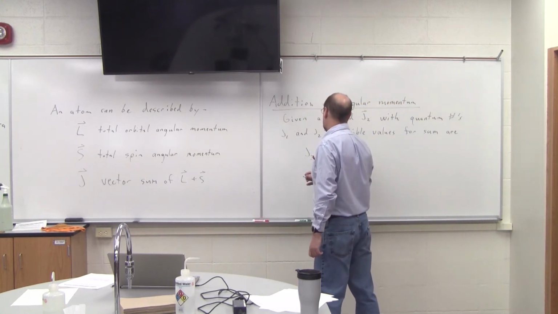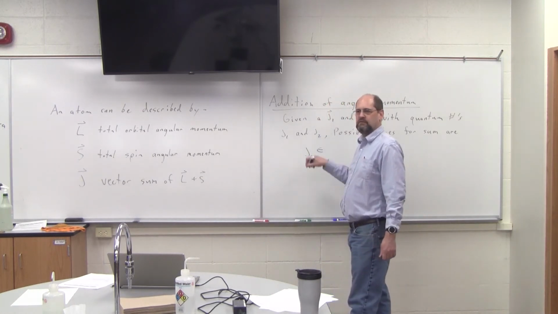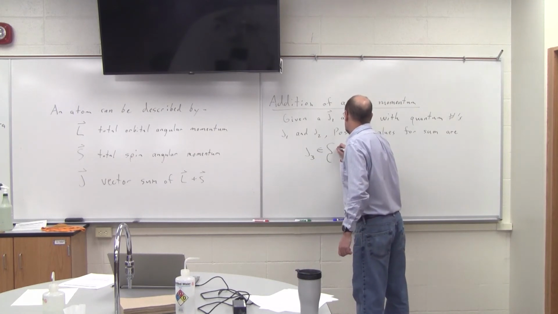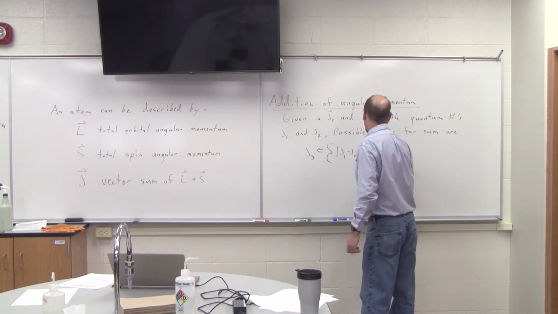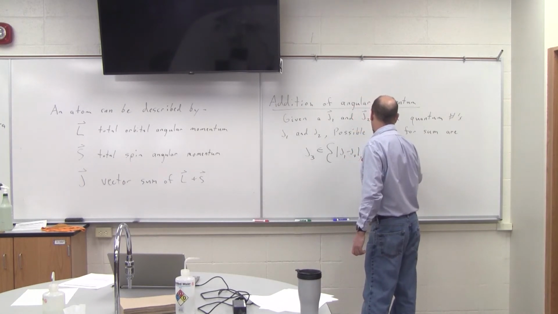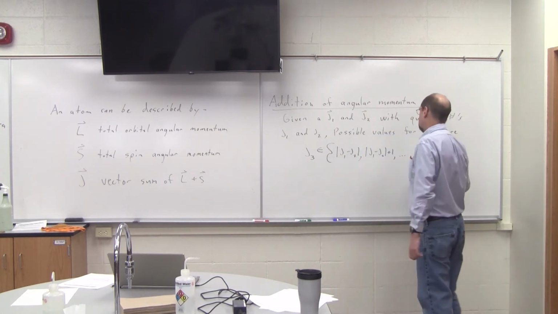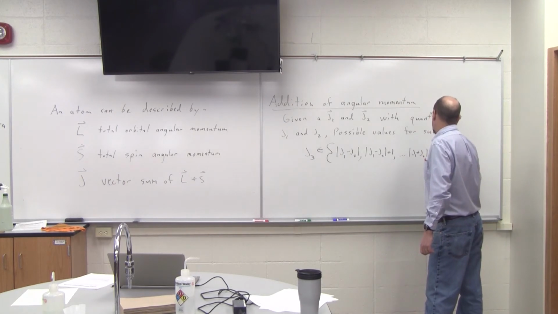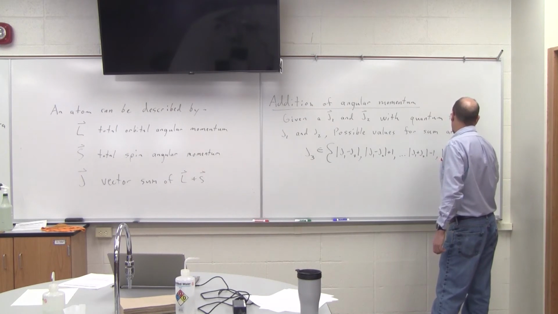J3 is going to be a member of the set: the absolute value of J1 minus J2, absolute value of J1 minus J2 plus 1, on up to J1 plus J2 minus 1, I'm sorry, and J1 plus J2.